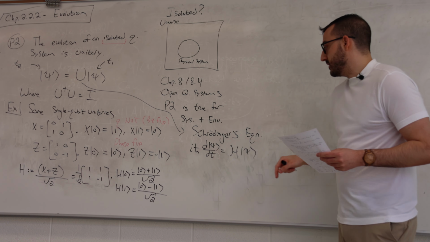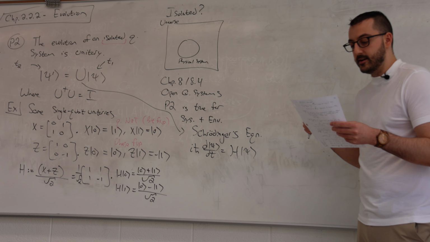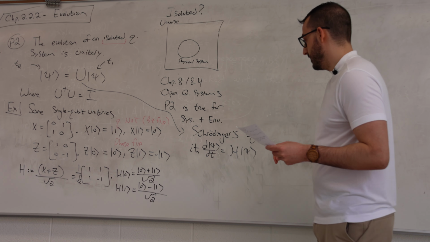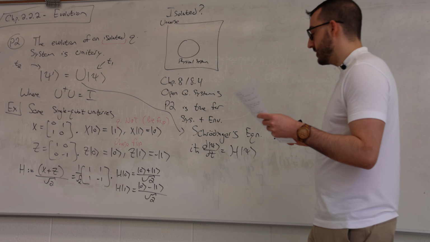But the i is important, and so if this Hamiltonian is time independent, meaning it doesn't involve time, then this is a differential equation which we can solve rather easily.